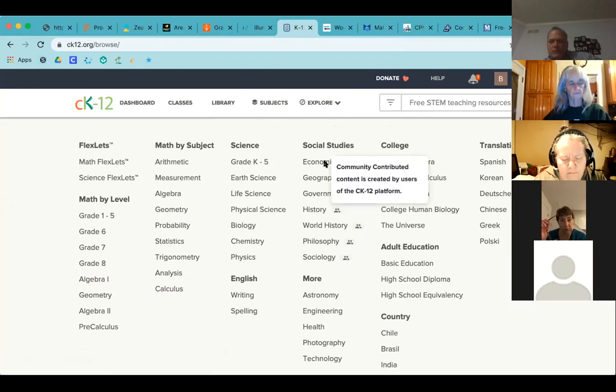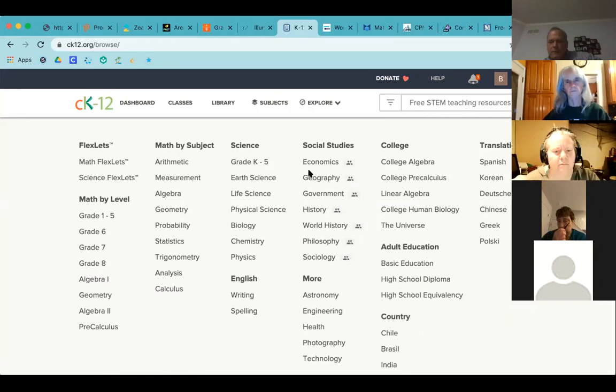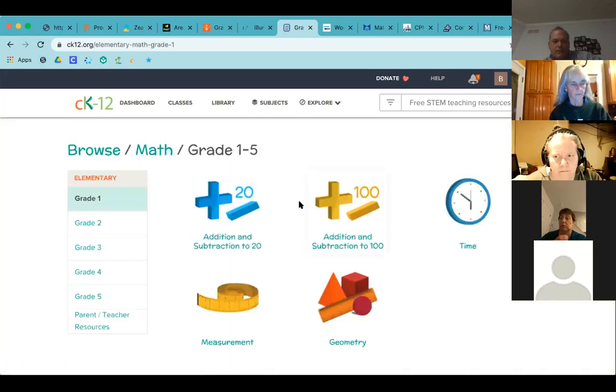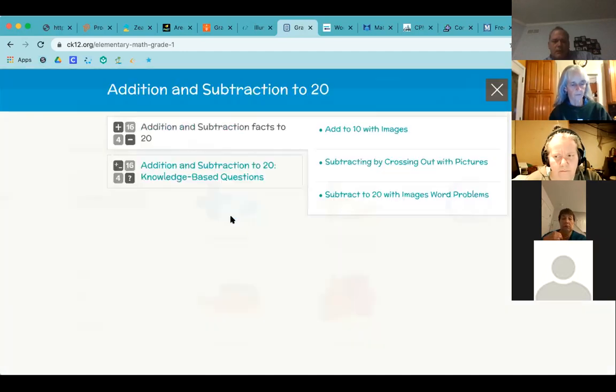The good thing about this is if your students have a Google account, you can share it with them and assign them things to do in between sessions, if they're looking for extra practice. You can just set up a class and then assign it to them, and then they have it right in their Google Classroom.